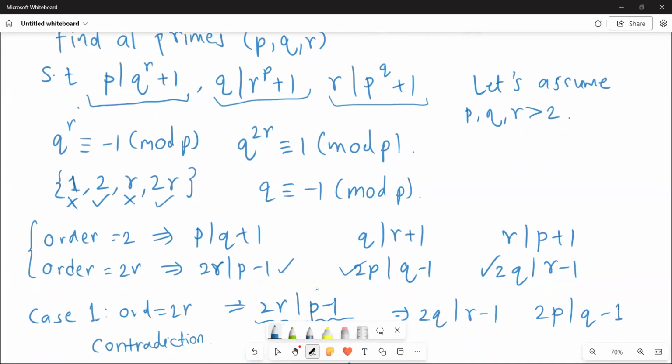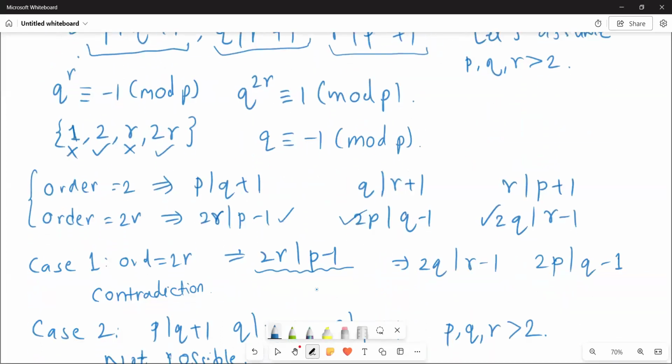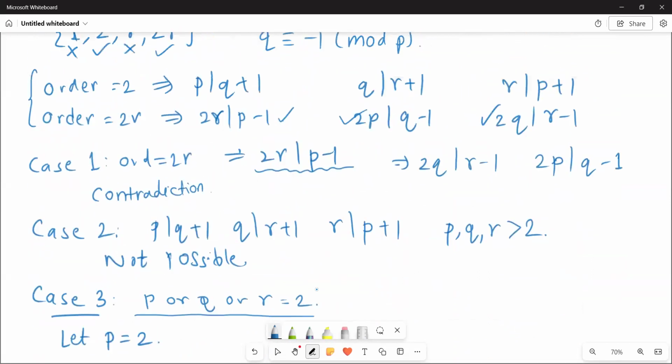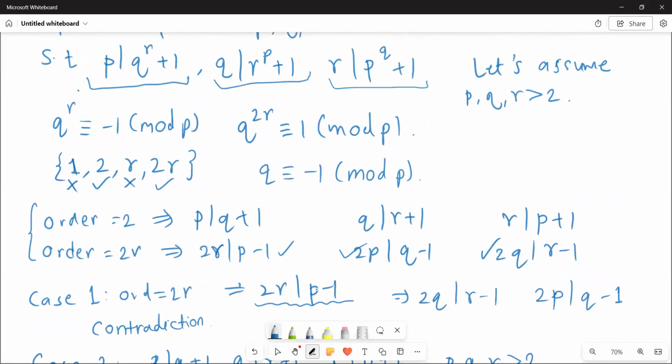Let's say p is equal to 2, because anyway the conditions are symmetric, so it won't matter. Let p be equal to 2. Now what can we say about q and r?